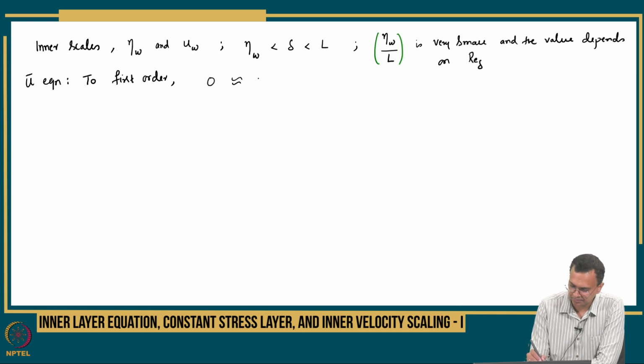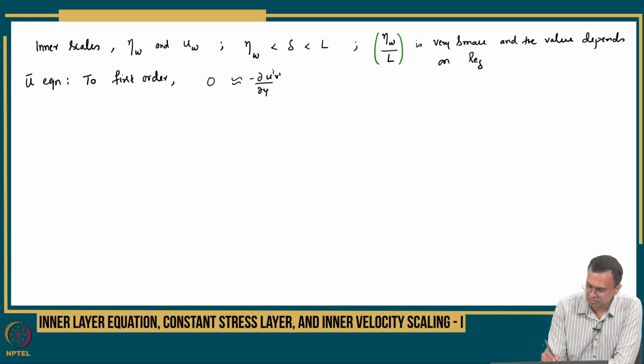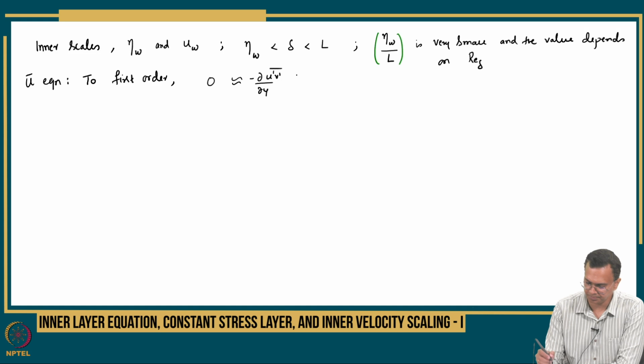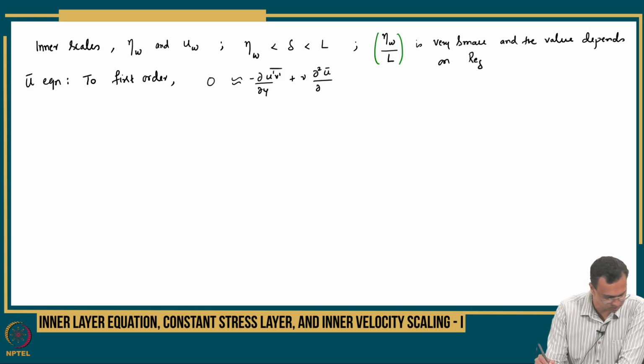We have the first term, which is dou by dou y of u prime v prime over bar, the turbulent term, and one of the viscous terms, the viscous shear stress, which is mu dou square u bar by dou y square.